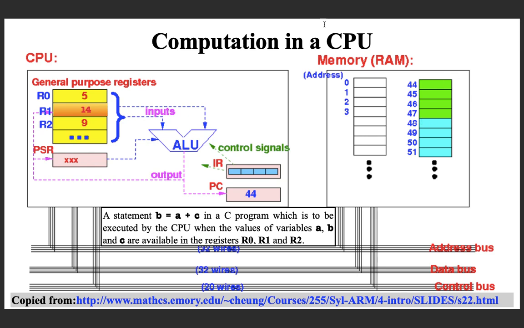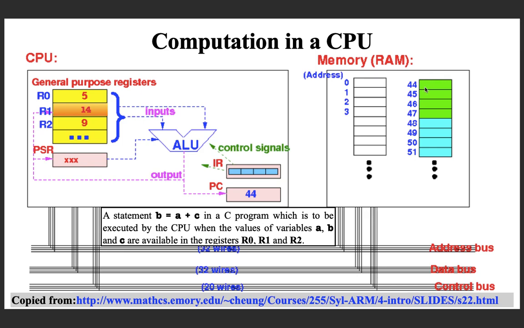Then how does the CPU know where it is stored? It is remembered in a register in the CPU called the program counter register, PC, which stores the address of the next instruction to be executed, which is 44.